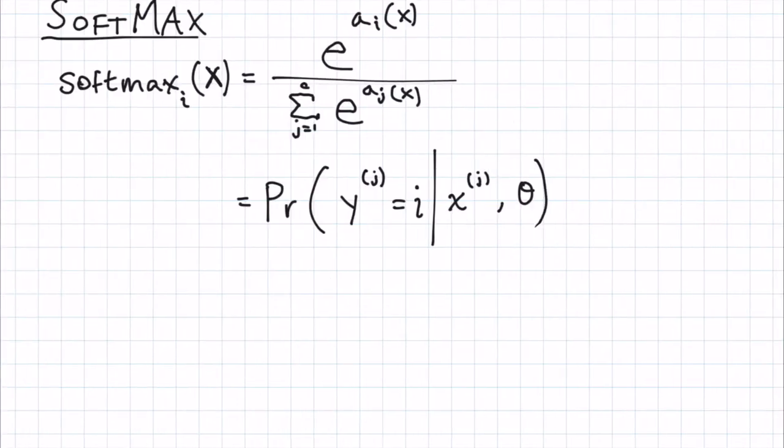Let's start with Softmax. So first remember that this a_i of x is really w_i transpose times x plus b_i. So in this way we can consider softmax as a function that acts on linear classifiers. Or rather, it's a function that acts on the scores output by a linear classifier.